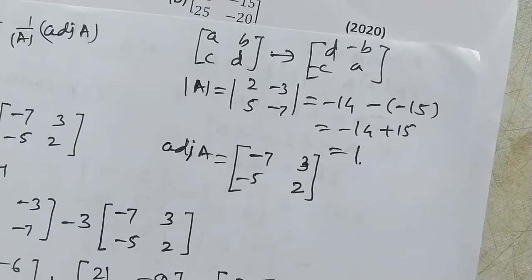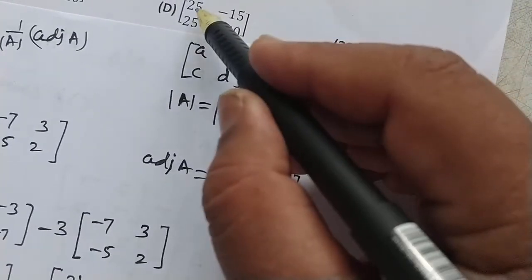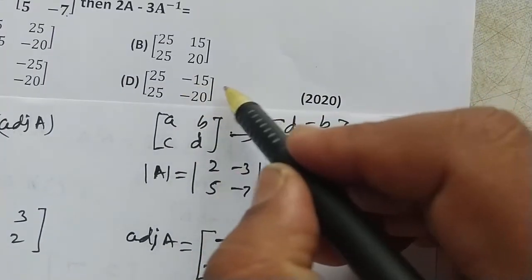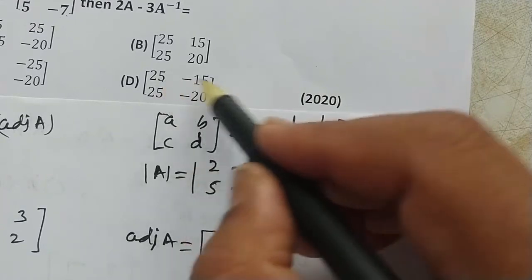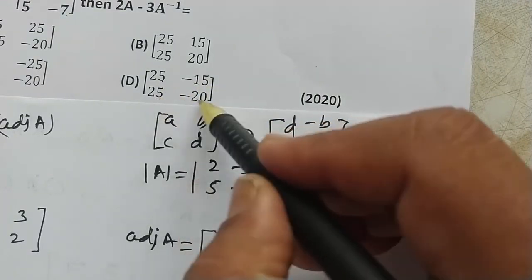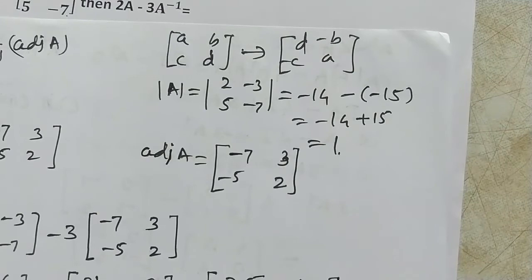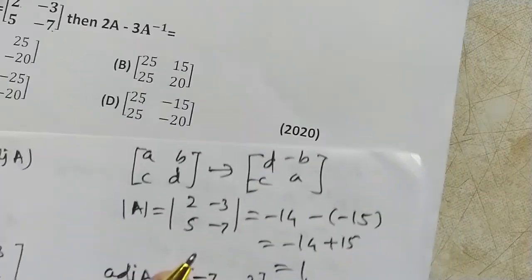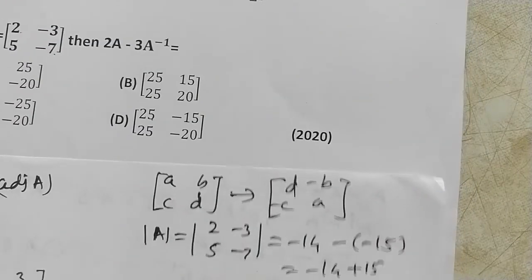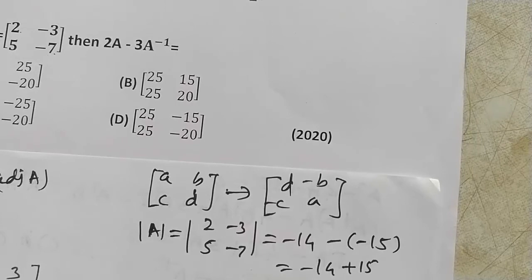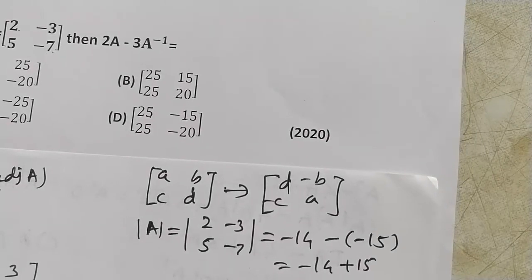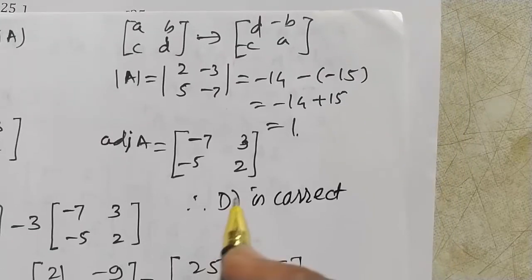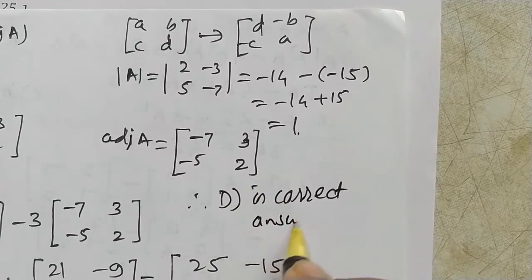So option D, [25 -15; 25 -20], is the correct one. Therefore, D is the correct answer.